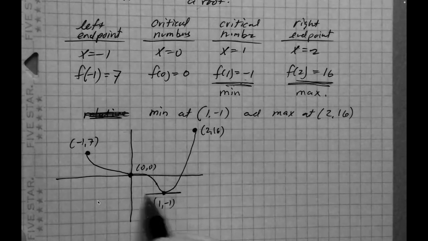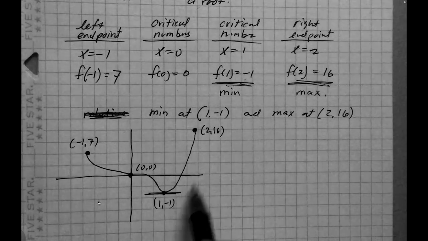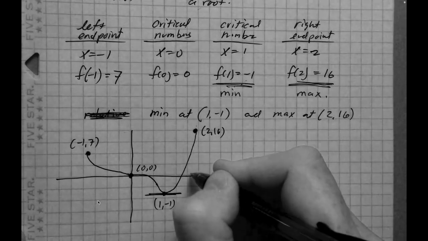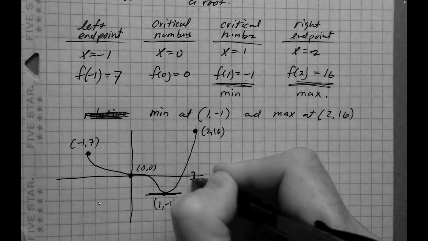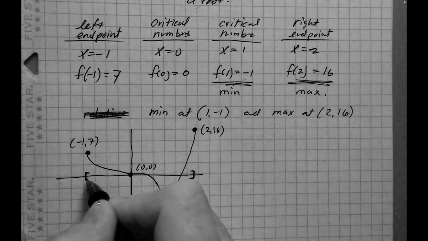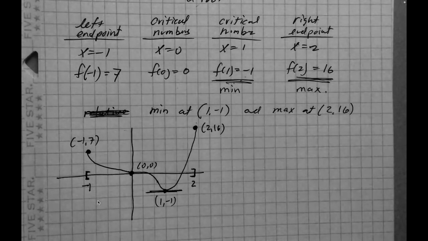Right, so clearly you do have a minimum value here, and you have a maximum value on this endpoint. So this would be the endpoint of 2, and this would be the endpoint of the interval of interest at -1. Okay, very nice, right?